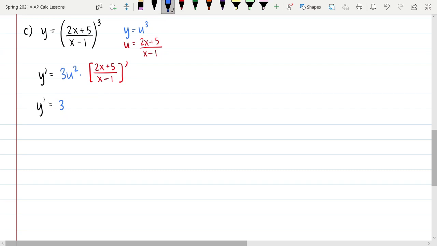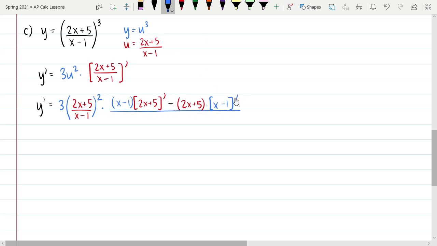So I've got 3 times my u, so 2x plus 5 over x minus 1 to the second power, and then times, now to do the derivative of u, again that's going to be the quotient rule. So I have low times the derivative of high, minus the high times the derivative of low, all over our low.